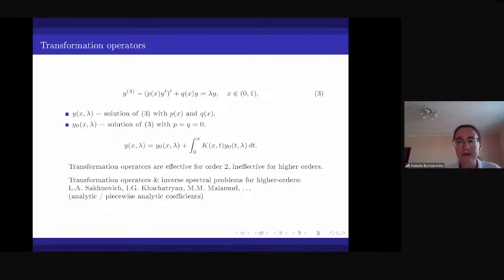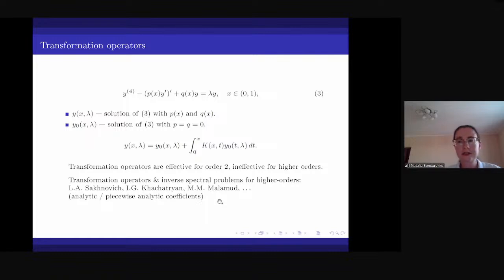But the transformation operator method appeared to be ineffective for higher orders, because for higher orders, a representation of this form doesn't always exist. The existence of transformation operators and the application to inverse spectral problems for higher order differential operators was extensively studied by Soviet mathematicians, Sakhnovich, Khachatryan, Malamud, and some others.